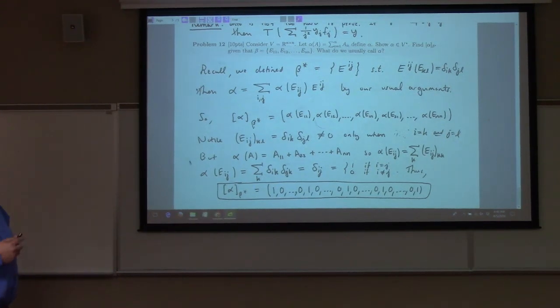It's only 1 on the diagonal basis, like the E11, the E22, the E33, Enn. So what you get is a coordinate vector which has got like 1 in the first spot, and then you go n. This is like the n plus 1th spot, I think, and then the 2n plus 1th spot. Is that right? I can't count. But every n, you've got a 1 right until the end. So that's what the coordinate vector looks like.